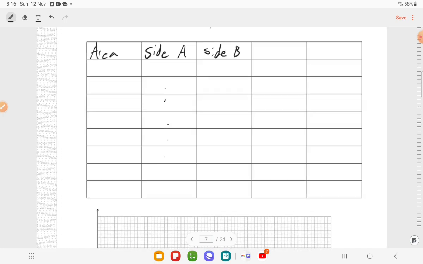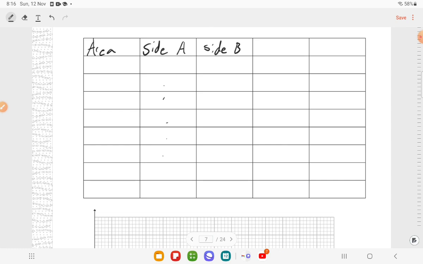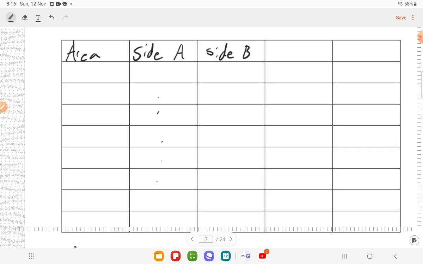Actually, it's only between 0 and 120. So if A is 0, then area is 0, then side length B is 240.